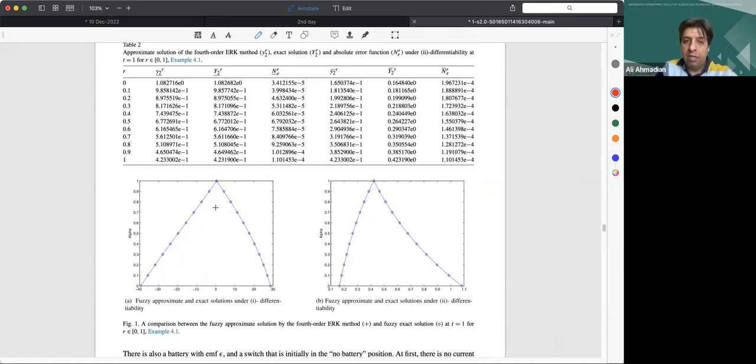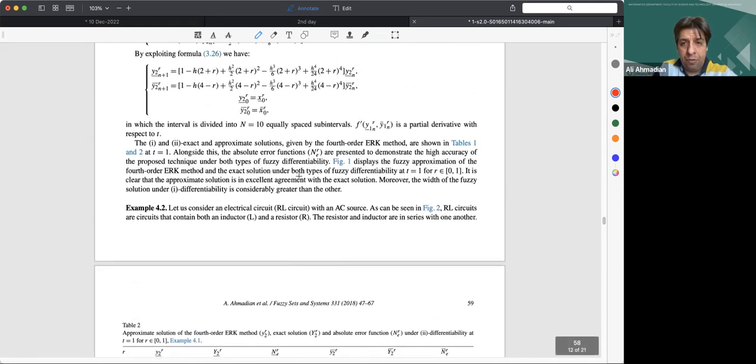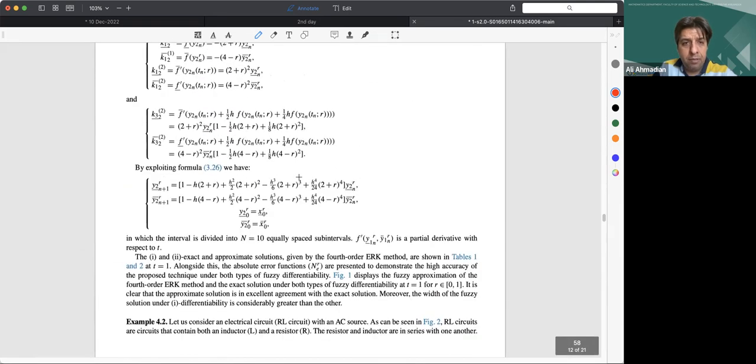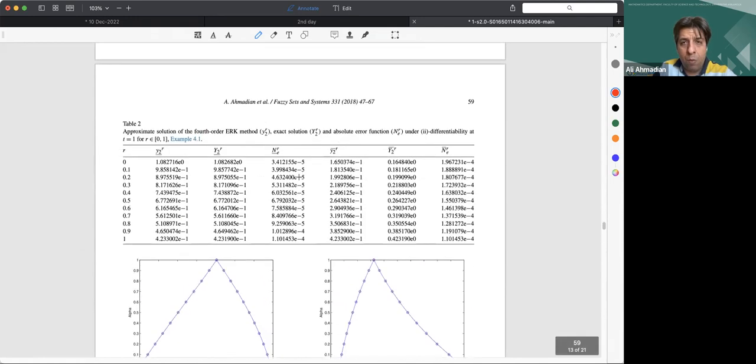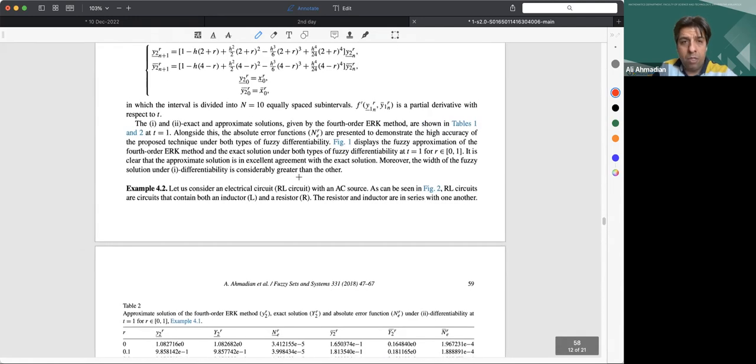For example, you can see this is the output under Hukuhara differentiability. I got the numerical or exact solution over the time interval, a very small part. Referring to the description, maybe Figure 1 displays the approximate solution.